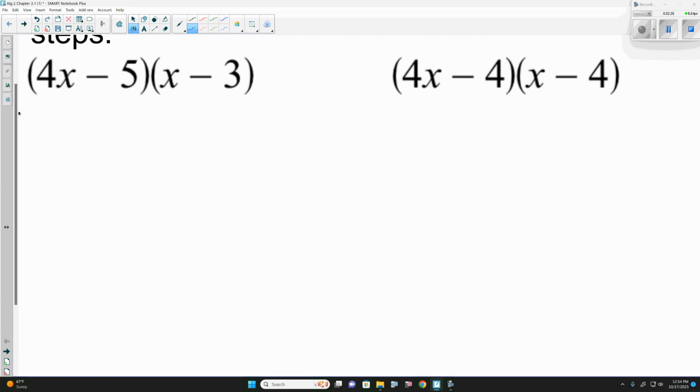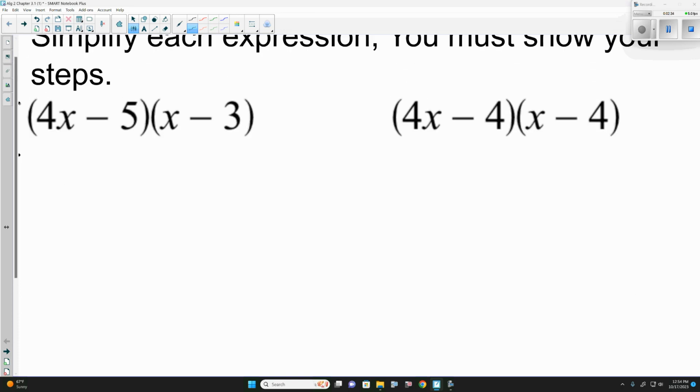Before we start this first section, which is going to be over factoring quadratics, I want to look at distributive property first. As y'all have done this before, when we multiply two binomials by each other, we multiply through. The first thing we would do is 4x times x, which would be 4x squared.